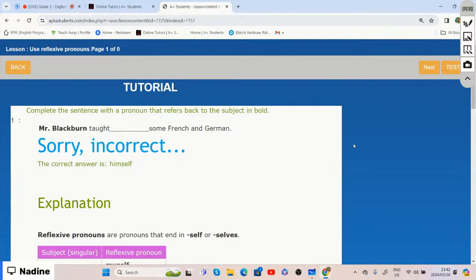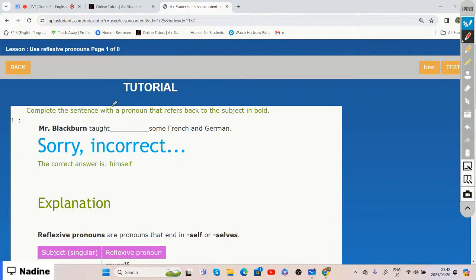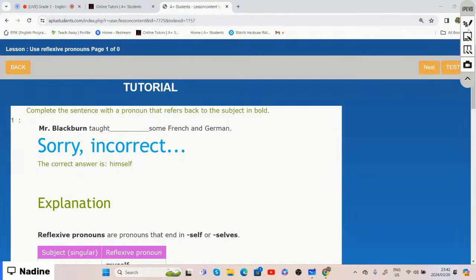All right, then if we choose the correct one, then yes, we can say Mr. Blackburn taught himself some French and German, right? And that is correct. All right, let us go to our test.